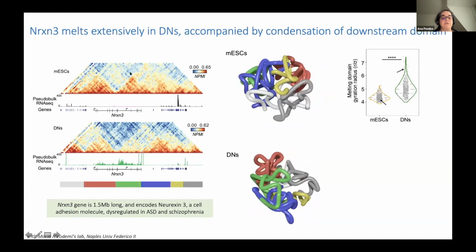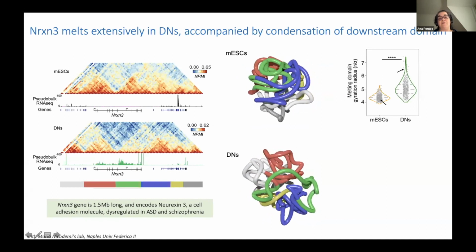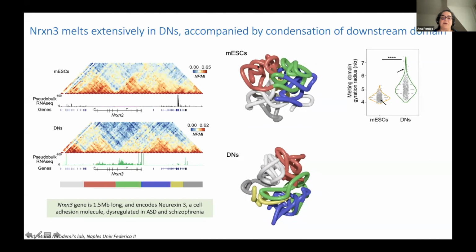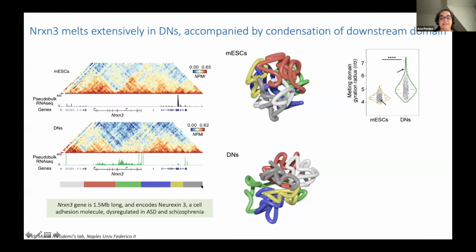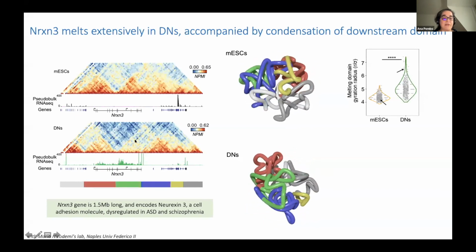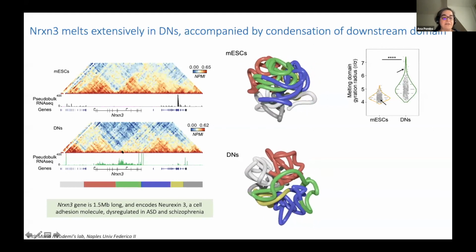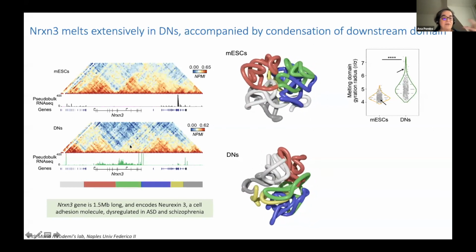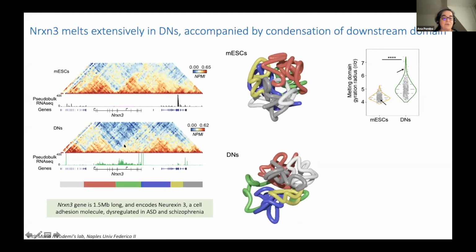Mario's lab then produced, from the matrices, ensembles of polymer models where we can see, in different colors, different parts of the genome. Again, if we look, for example, at the green domain here, which is quite compact in the ES cells but extensively decondensed in the dopaminergic neurons, at least looking at the matrices.